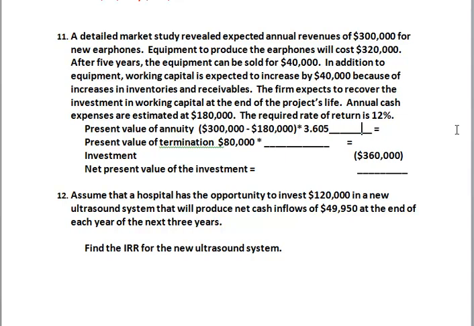Your factor on that is 3.605. So that's $432,600. Then at termination, initially, not only am I going to have to pay for this machine, I'm also going to have to put out another $40,000. But upon termination, I'm going to get that $40,000 back.